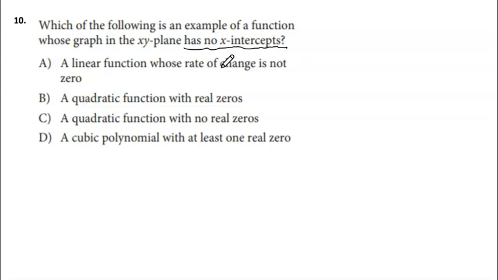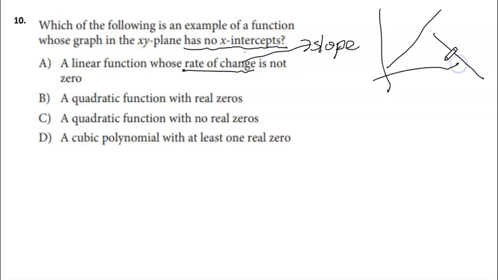The rate of change is basically the slope, right? So if you have a linear function whose slope is not 0, then it's either going to be rising upwards or falling downwards, if you have the xy plane like this.